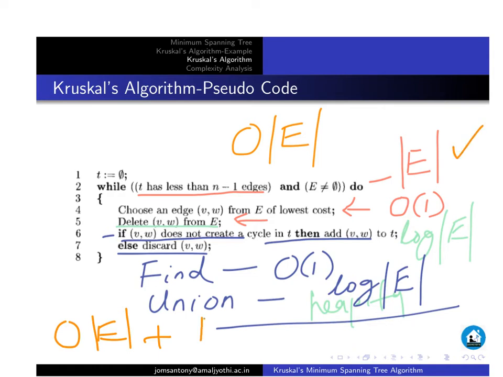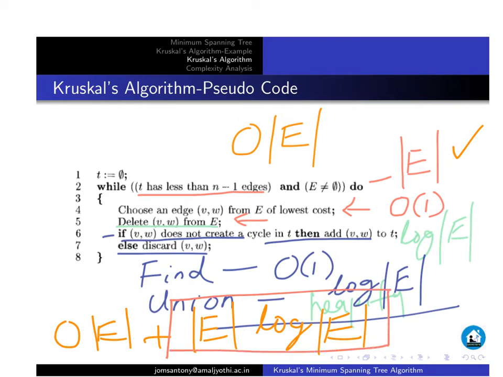So it will be order of e into log of e. In terms of big O notation, the complexity will be order of e into log e. So this will be the complexity of Kruskal's algorithm, that is e into log e.